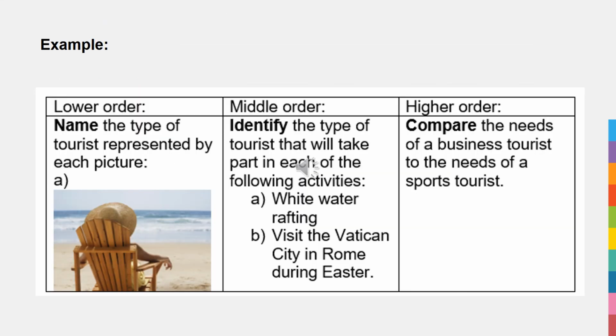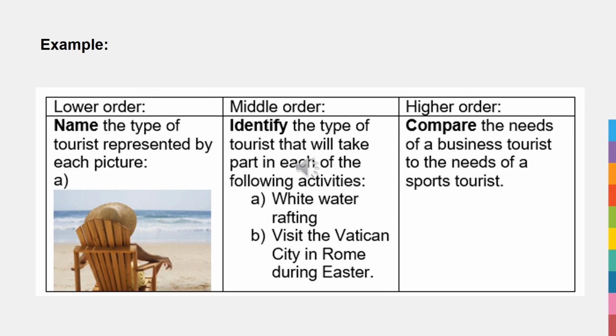So, for a lower order question, now, guys, you don't just have to use words to set an exam paper, okay? A lower order question would be, for example, you can give them a picture like I've done here and say, name the type of tourist represented by each picture. Okay, that's a lower order question. Or you can give them the name of a tourist and you can put an activity on the other side, you know, a picture of an activity, and you can ask them match the columns.